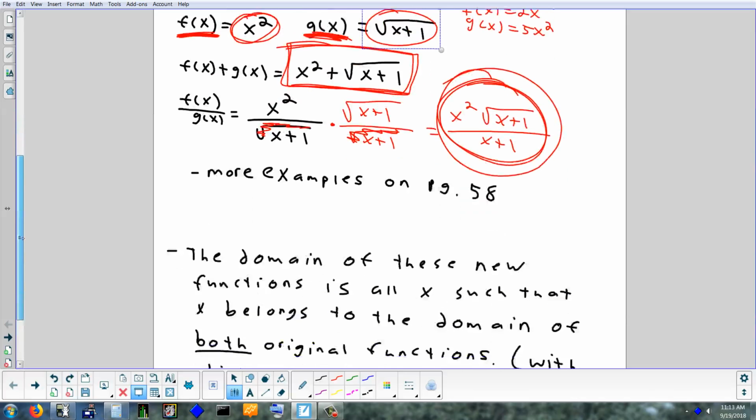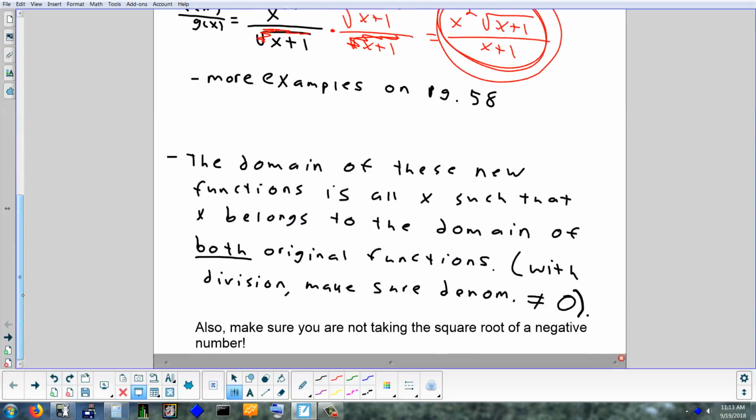So if you created a fraction, make sure that you never plug in a number that would cause you to divide by 0, like negative 1 in this case. Okay, so those are the two things you got to be careful about. Make sure you never divide by 0. Make sure you're always taking the square root of a positive number, not a negative.